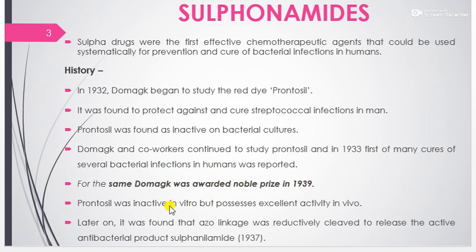So Prontosil was inactive in vitro but possessed excellent activity in vivo. Later on, it was found that the azo linkage was reductively cleaved to release the active antibacterial product, that is the sulphonamide. This study was done in 1937.